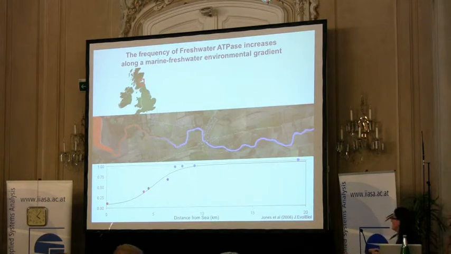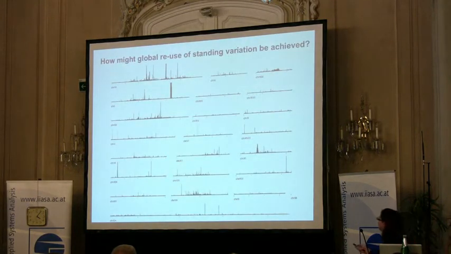Along this single environmental gradient, the frequency of the ATPase allele changes in a way that corresponds directly with the salinity gradient. So that was nice. It turns out that that particular SNP falls right on this peak here. So it was really nice to see that during my PhD I was able to hit one of these regions.